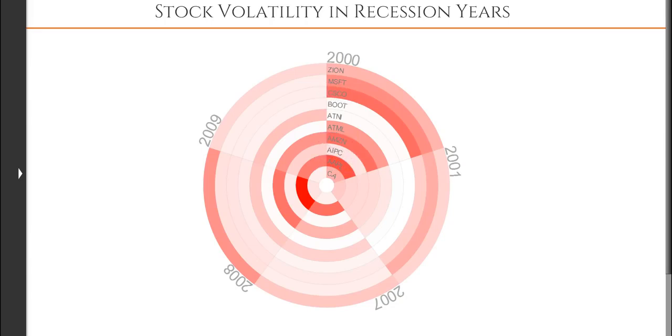If we look at Apple throughout the recession years across the board, we can see that Apple has been relatively volatile in all of the recent recession years, with the exception of maybe 2001, where we see some pink color in the quadrant as opposed to red. Now, if we compare Apple to BOOT, BOOT, by the way, is the symbol for a company called Lacrosse Footwear, we can see that BOOT has been one of the more stable stocks in recent recessions.